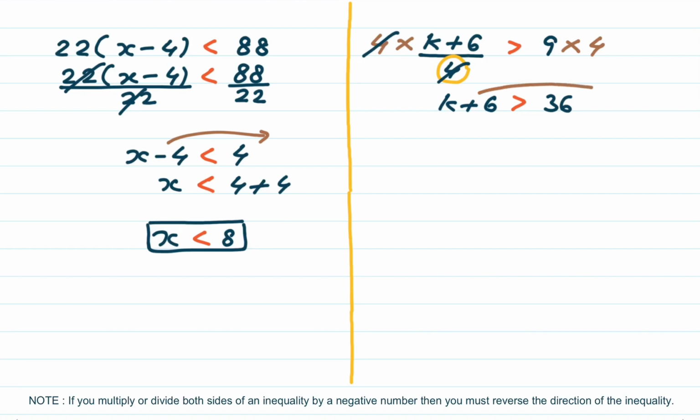Shift the positive 6 to the other side, and I get k greater than 36 minus 6. So my final answer would be k greater than 30.